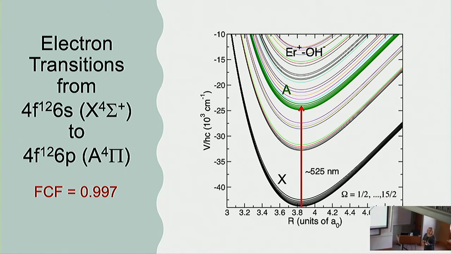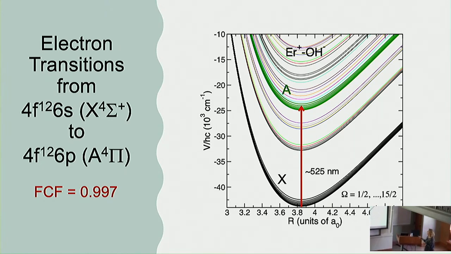Omega is the projection of total angular momentum on the axis of the molecule. For the lowest band, we have all sorts of omegas, like 9 or 8 omegas. And here too. So omega could change by 0 or 1, not more. So you have to really show this, whatever it's supposed to be, transition.